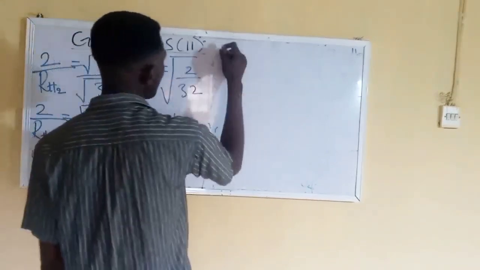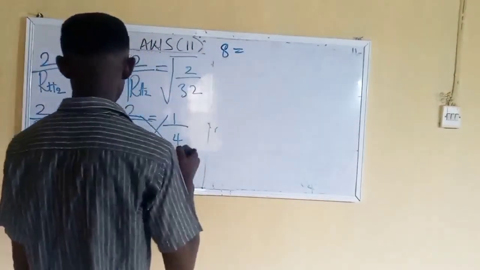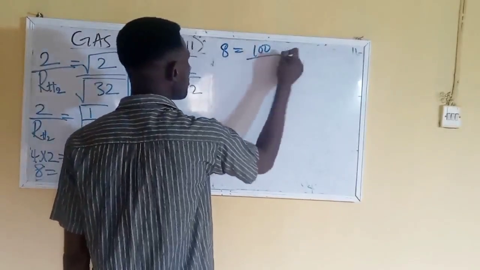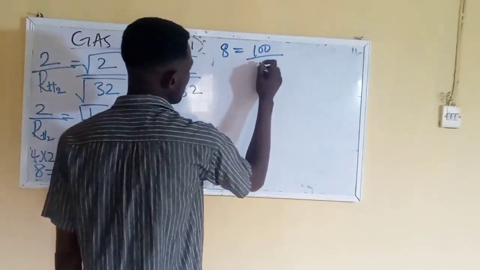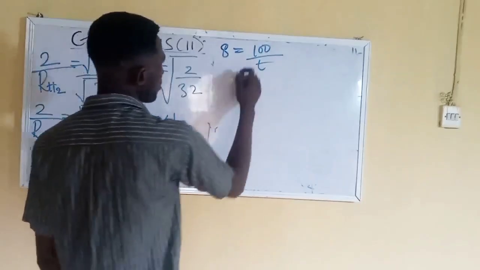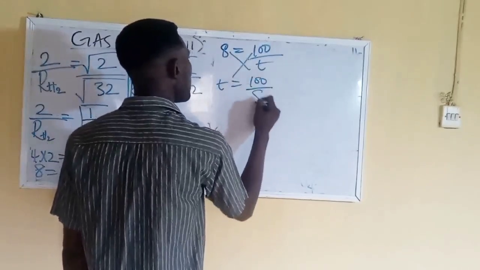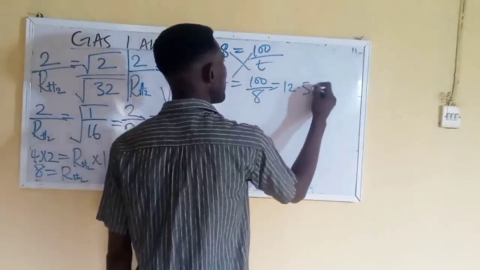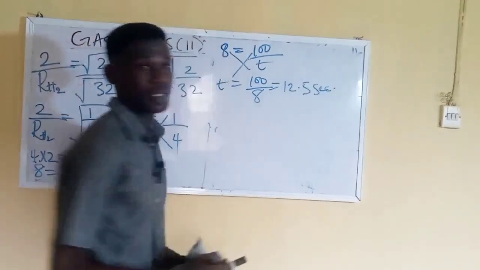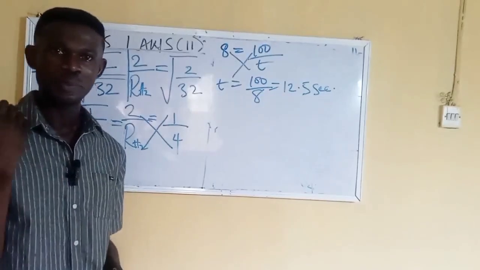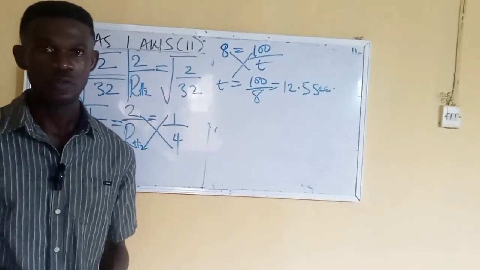So it's 100 centimeter cube divided by the time. So we will cross multiply and you have t is equals to 100 over 8, which will give you 12.5 seconds. That is how to carry out calculations on rate of diffusion of a gas.